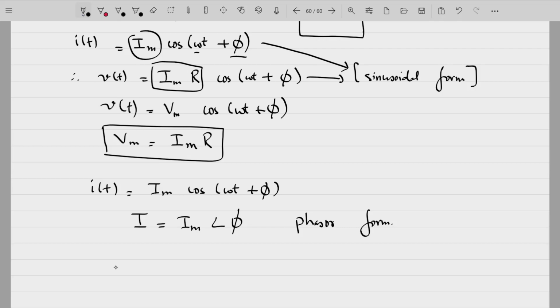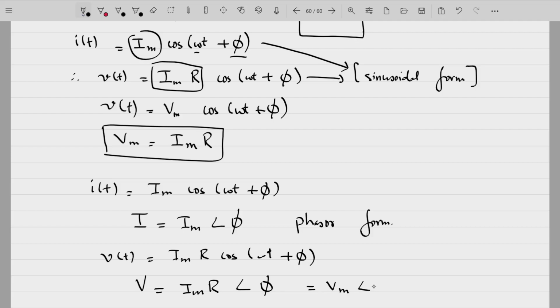Therefore, what will be the phasor form of voltage? v(t) is Im R cos of omega t plus phi. Therefore, the phasor form will be Im R angle phi, where Im R is the magnitude. It can also be replaced by simply Vm angle phi. So this is the phasor form of voltage.